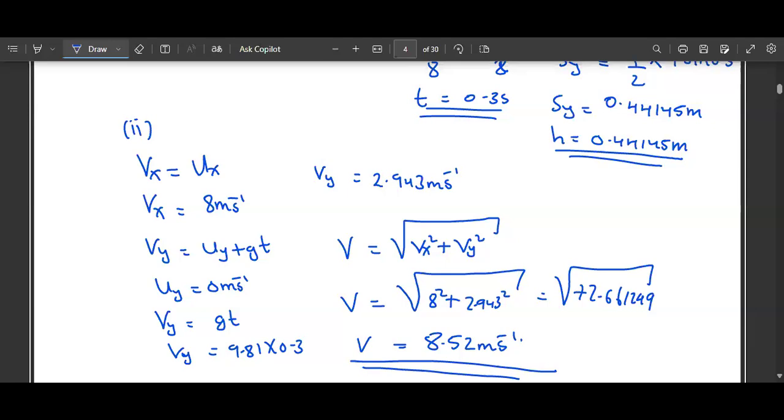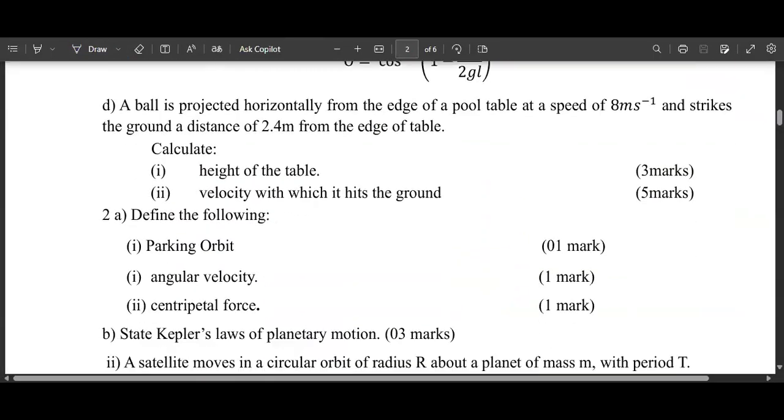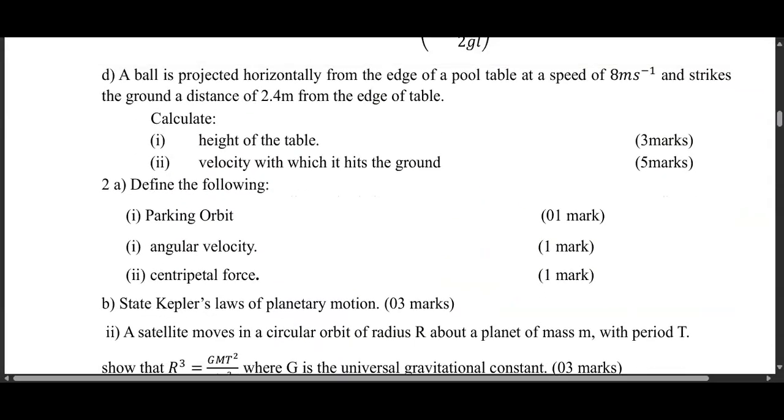Then from question 2, we shall also look at some questions from section B. So that was part D of question 1.